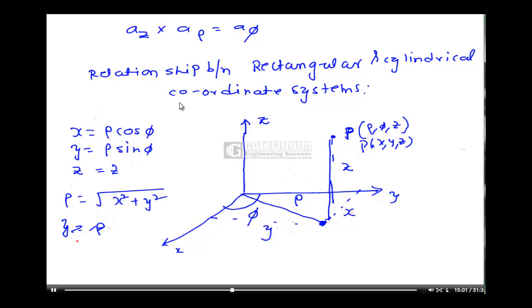So y by x is tan phi, so phi is equal to tan inverse of y by x. Z is equal to z only. So with the help of these formulas, you can convert from the cylindrical coordinate system to the rectangular coordinate system or vice versa.